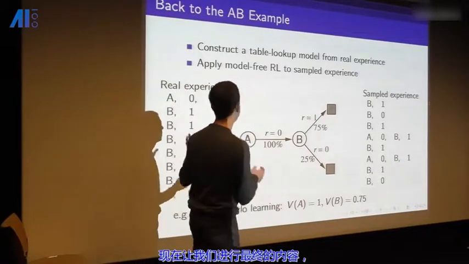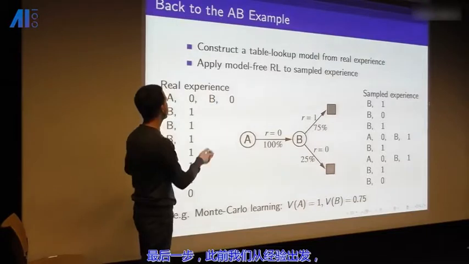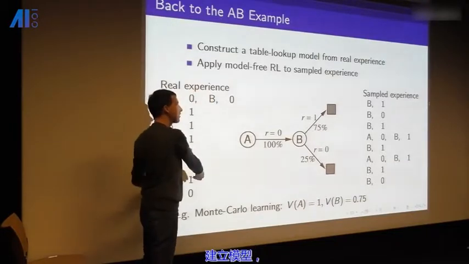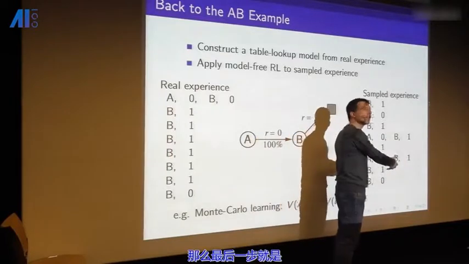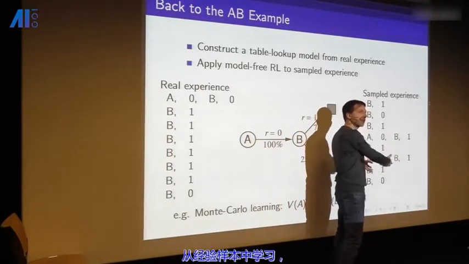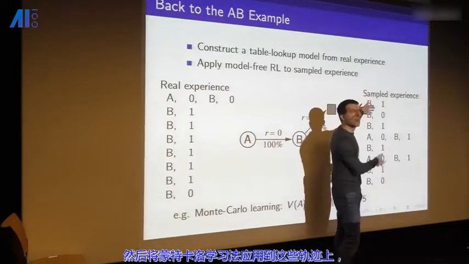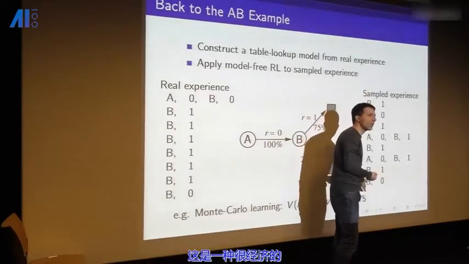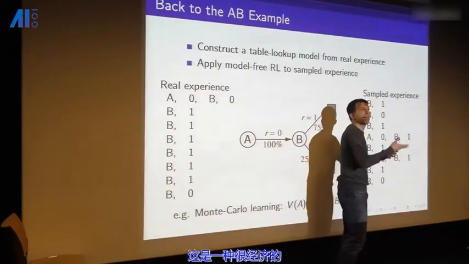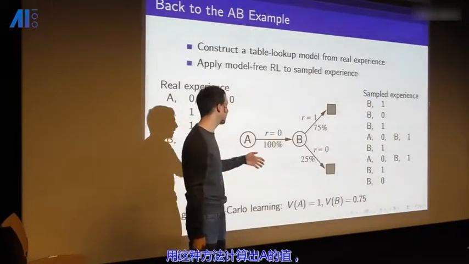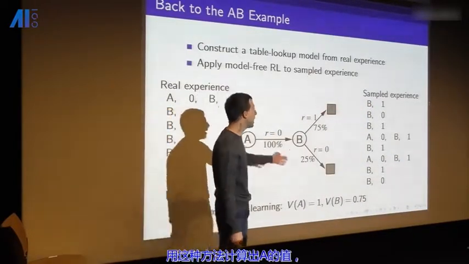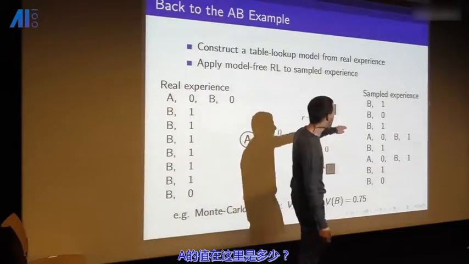So now, let's take the final step. We started with our real experience, we've built a model, we've sampled experience. Now let's learn from our sampled experience and apply, say, Monte Carlo learning to these trajectories. That's the canonical model-free reinforcement learning algorithm. If we did that, what's the value of A over here?